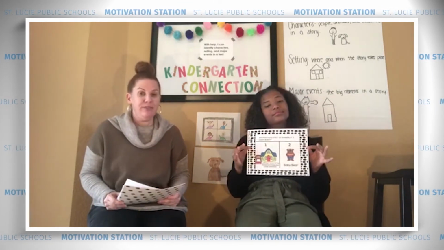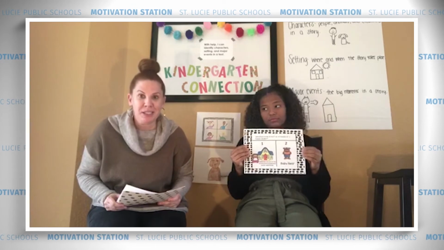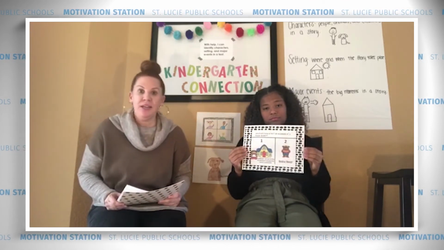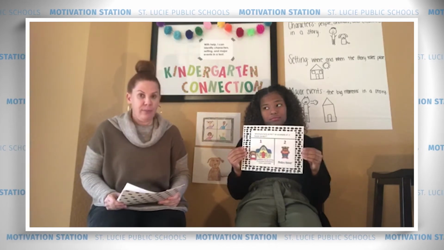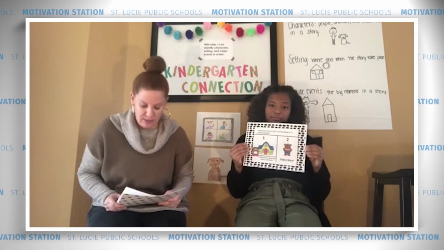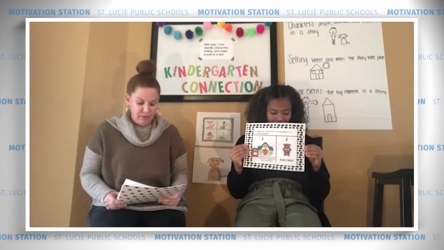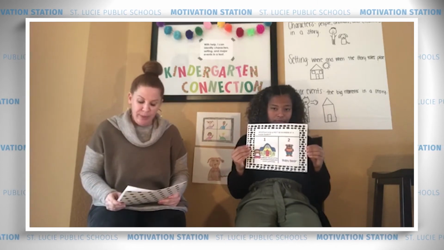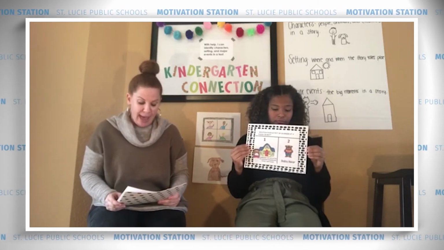This is our last one, friends. You guys have been doing such a great job. Which picture is not an example of a major event? Number 1 says Goldilocks ran out of the Three Bears' house and never went back.